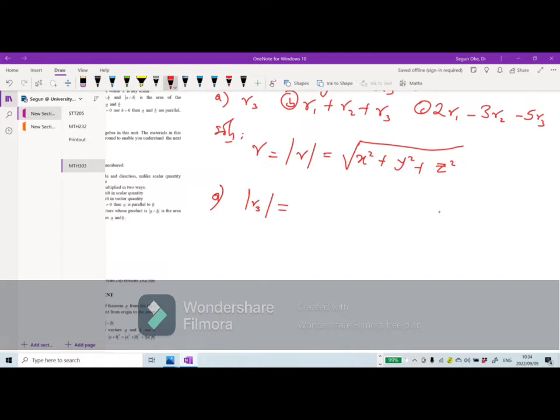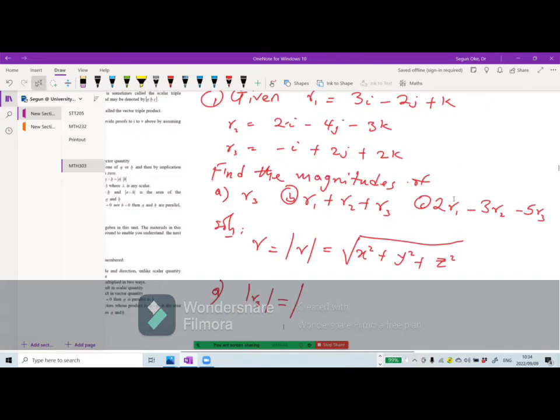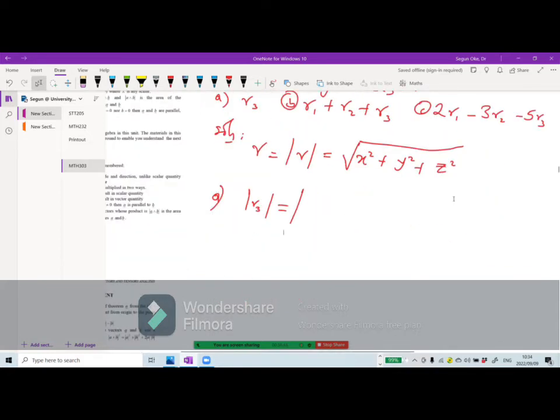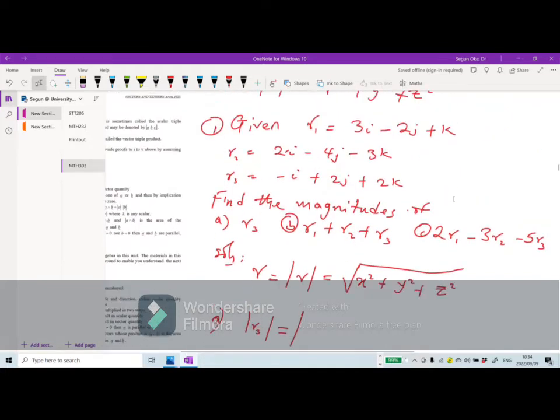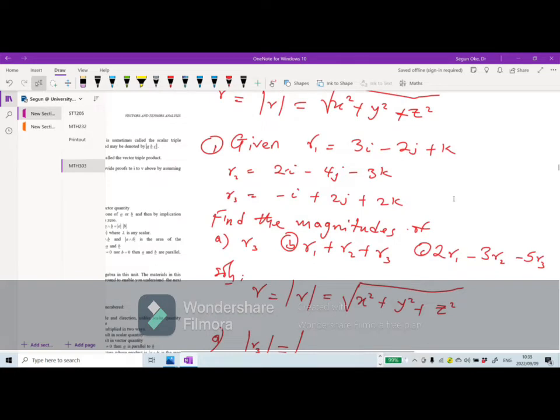We have R1 equals 3I minus 2J plus K. Is that what you have? Yes, sir. R2 you have 2I minus 4J minus 3K.